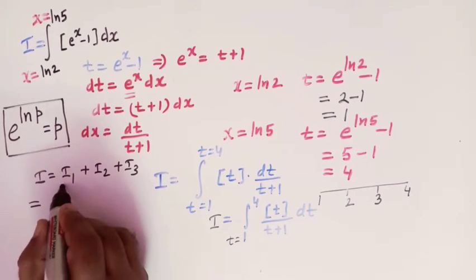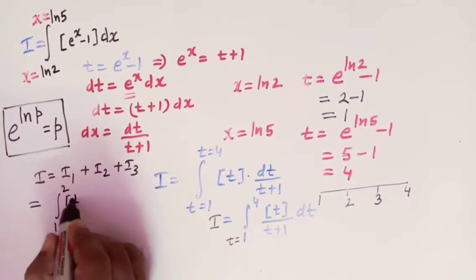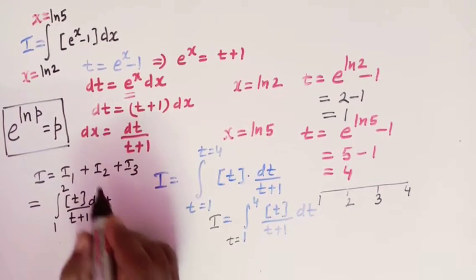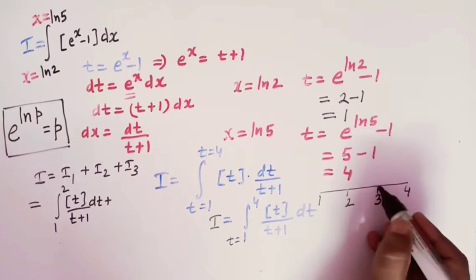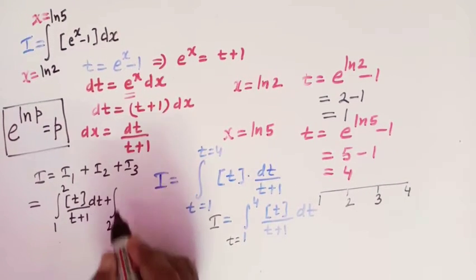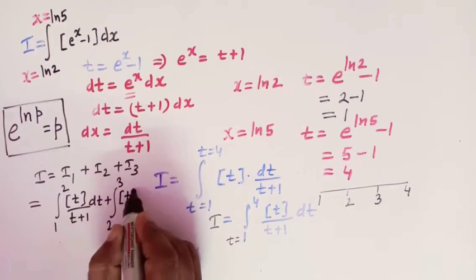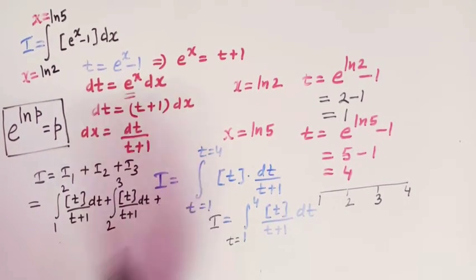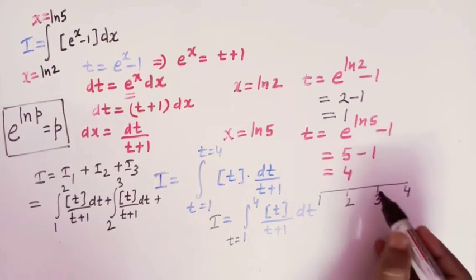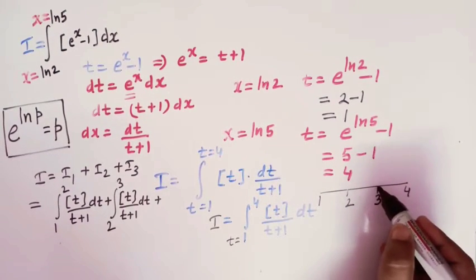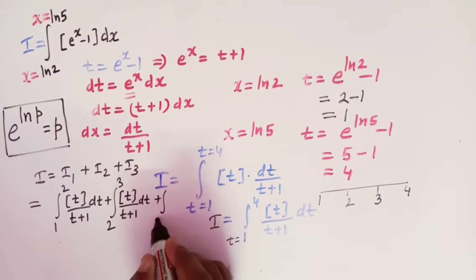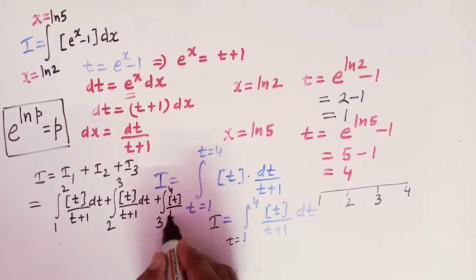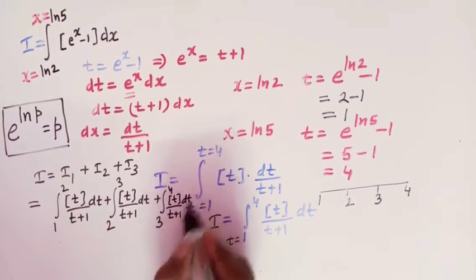So here we have the integral from 1 to 2, greatest integer t over t plus 1 dt, and I2 is from 2 to 3. So here we have 2 to 3, greatest integer t over t plus 1 dt, and for I3 we have the integral from 3 to 4. So here we have the integral from 3 to 4 greatest integer t over t plus 1 dt, right?